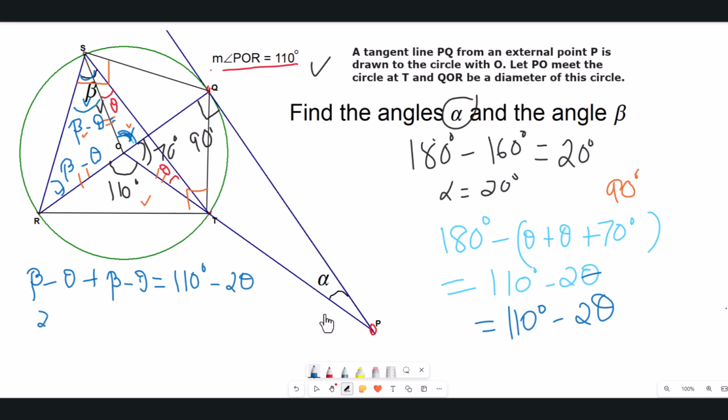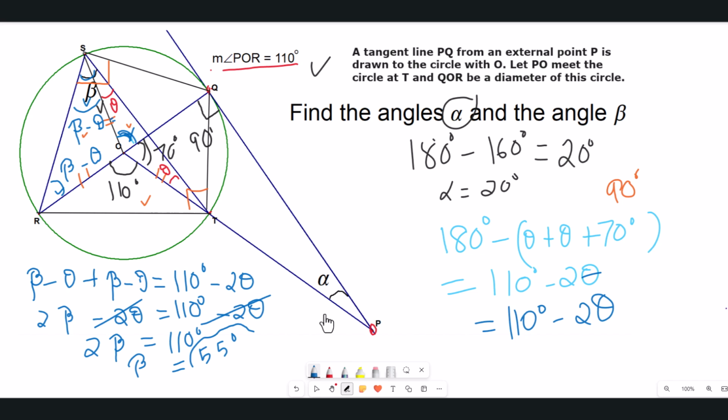And this is a really lucky equation that we have landed on. Then the 2 theta on both sides cancel each other. So we get 2 beta equals 110 degrees. So beta would be how much? 55 degrees. And that's what the answer is.